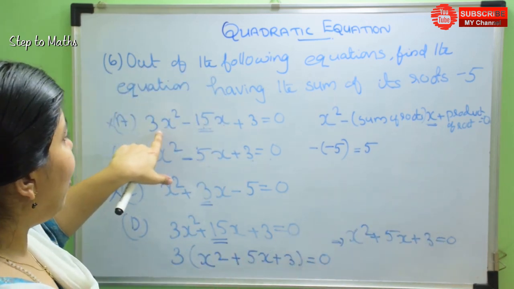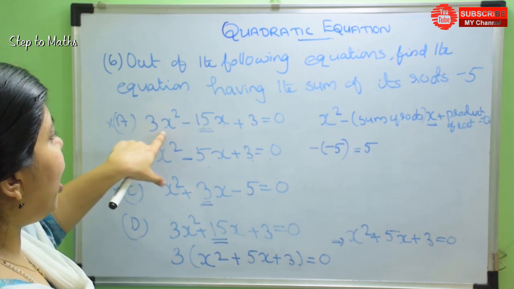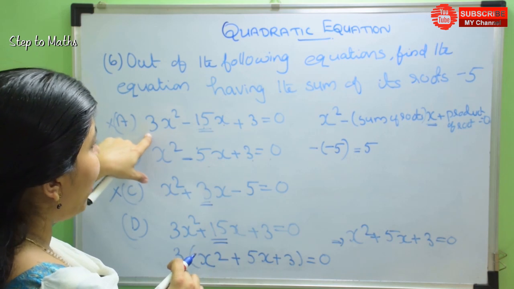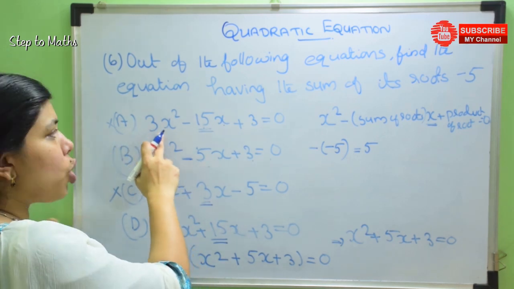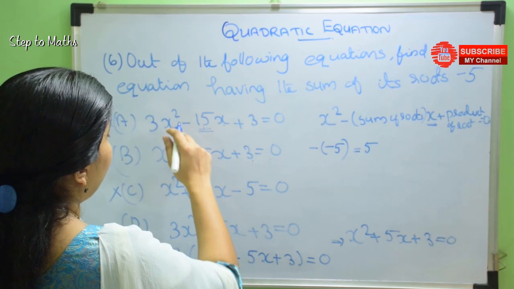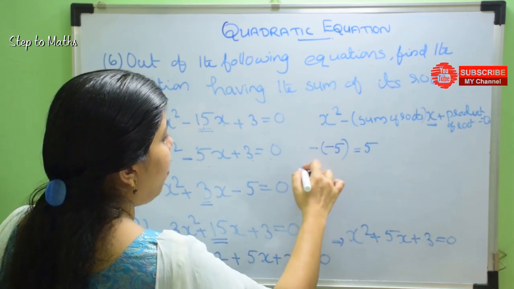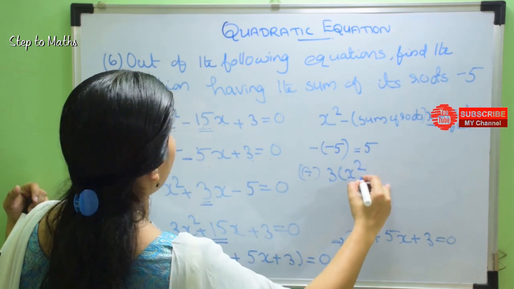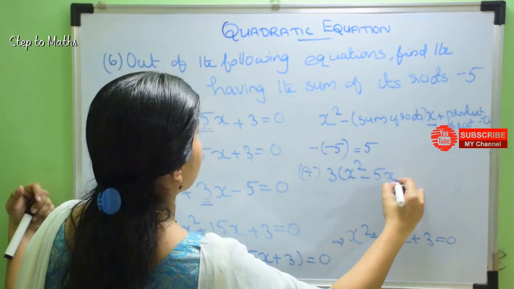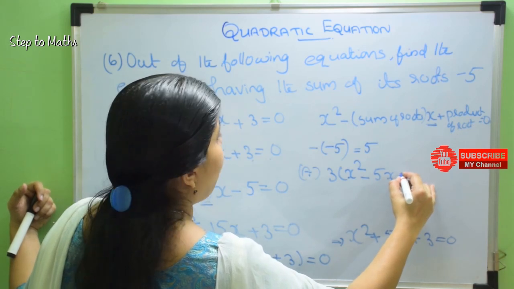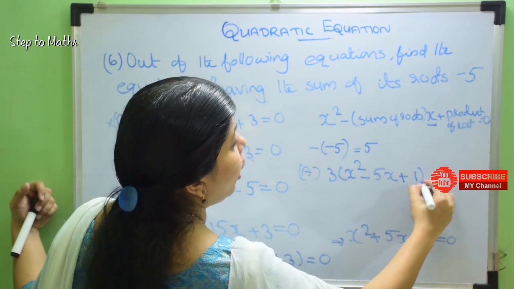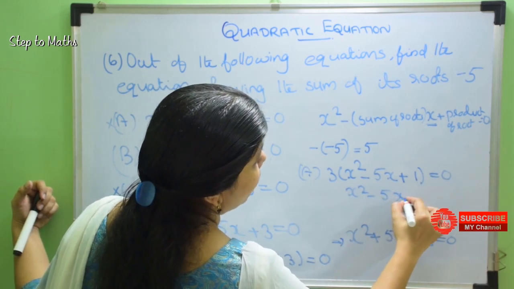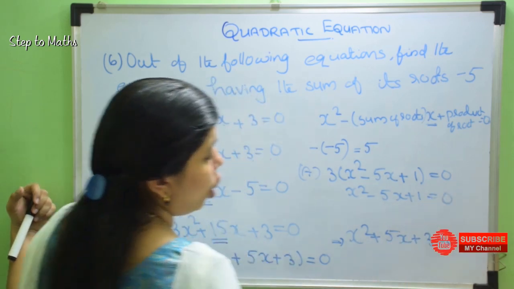In the same way, the option A, 3x square minus 15x plus 3. Here we can take 3 as common. Then option A becomes 3 into x square minus 5x plus 1 equal to 0, or x square minus 5x plus 1 equal to 0.